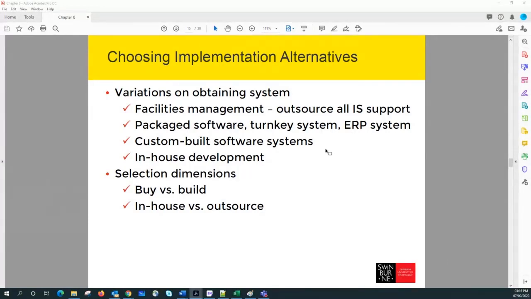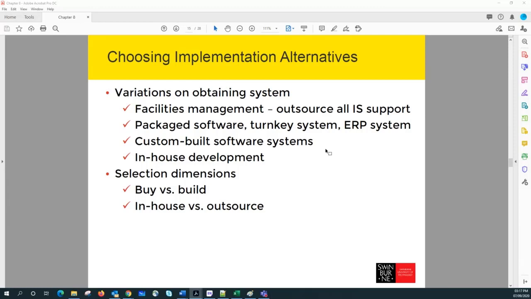And then sometimes we can develop the whole system in-house, or we can develop part of the system in-house and outsource part of it. So we have to make a decision regarding the implementation alternatives as well, right? Are we going to buy it? Are we going to build it?